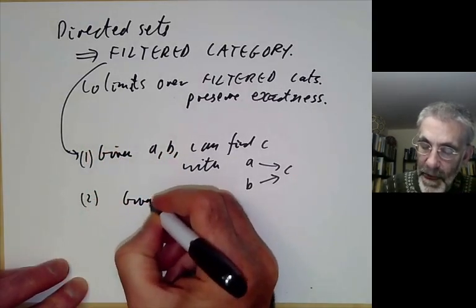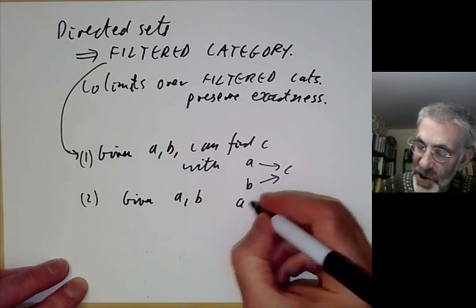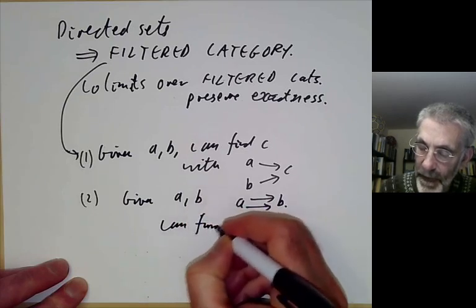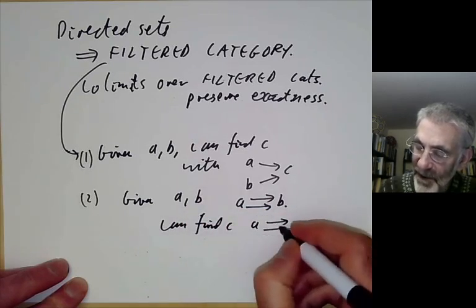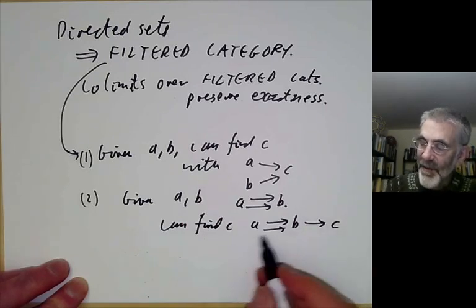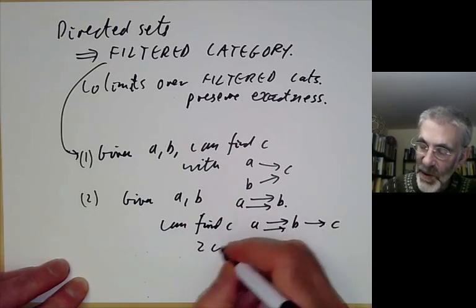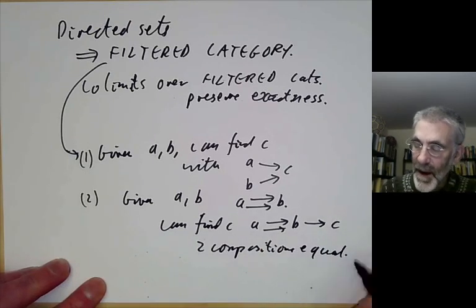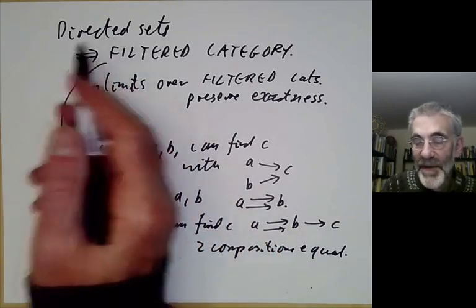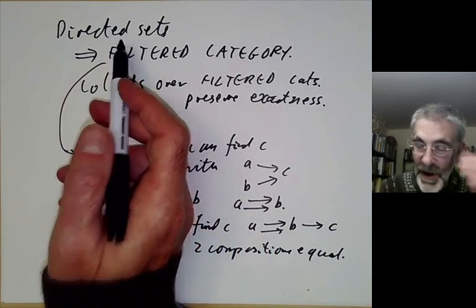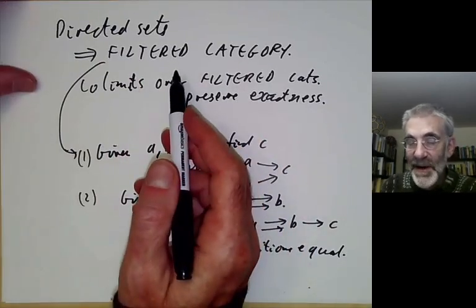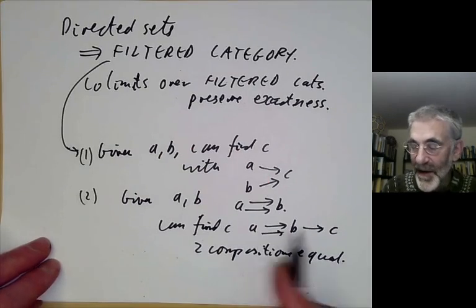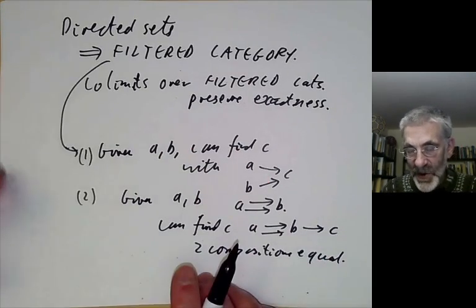So given A and B with two maps between A and B, we can find C with a map from B to C, such that these two compositions are equal. And you can now copy the proof that I gave for directed sets, and pretty much the same proof works for filtered categories. You need this extra condition to show that the relation you try and write down is an equivalence relation.